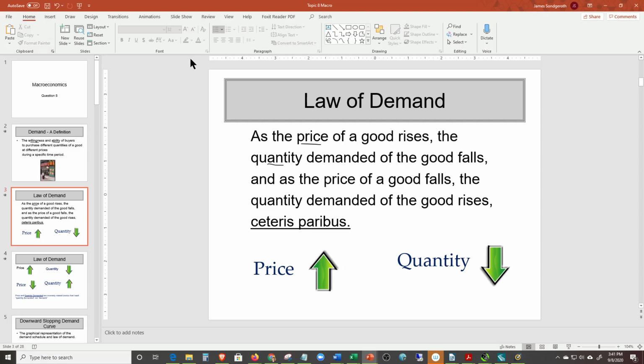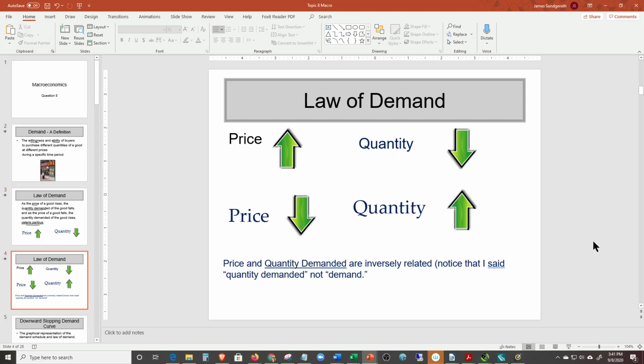We'll talk about quantity demanded versus demand, and we'll talk about what ceteris paribus means. But basically, you can see the law of demand states that the price of a good and the quantity demanded of the good are inversely related. And just to put both a price increase and a price decrease in here, we can see that they move in the opposite direction.